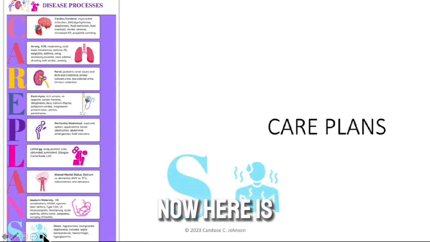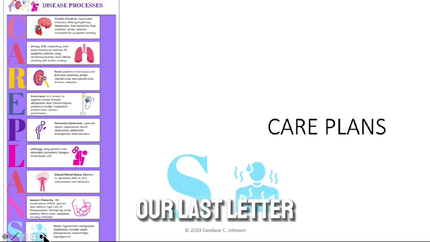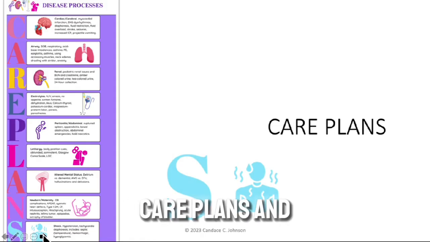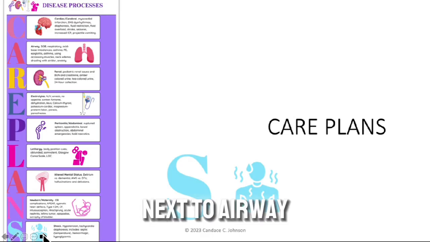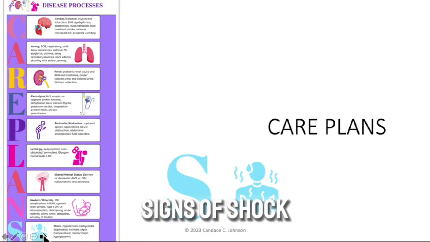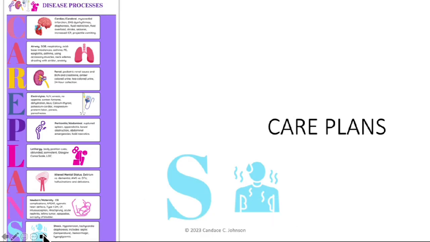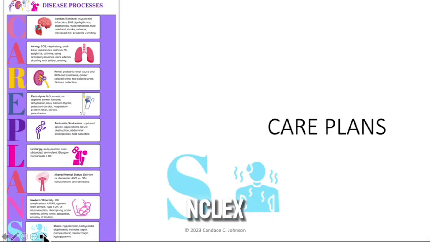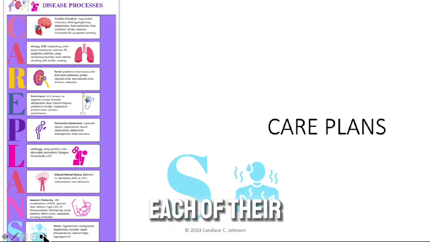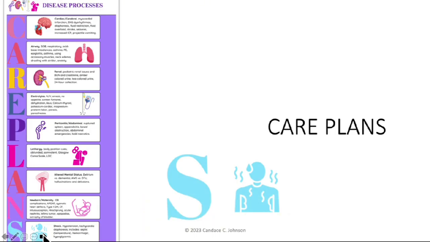Now, here is our last letter in our mnemonic care plans, and it's S. I would say next to airway, signs of shock would be super important for you to get right on the NCLEX, right? Because the NCLEX has value to each of their questions. So you might actually have a question that's worth far less than another question.